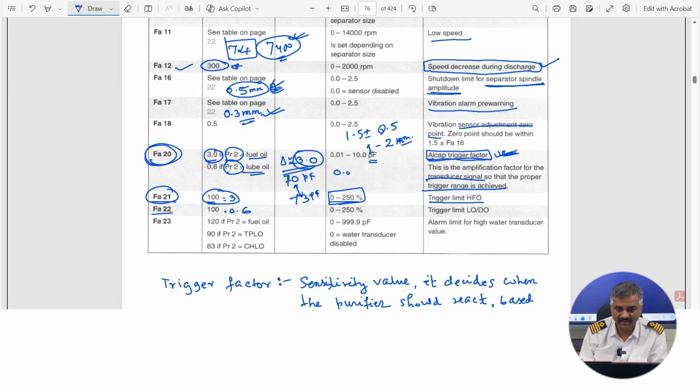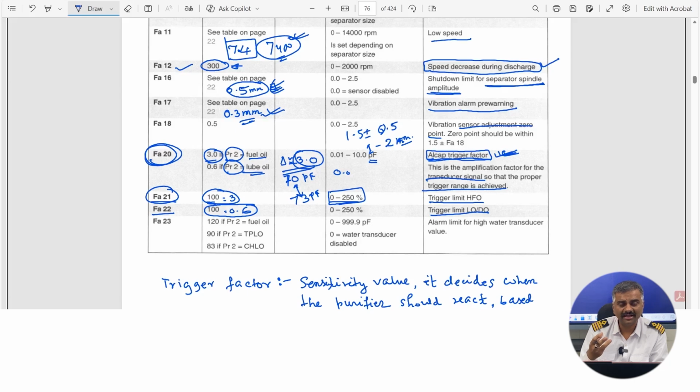Similarly FA22, the trigger limit: after this value the trigger factor is reached, and after this value the drain valve will open. Why is it 3 picofarad difference for the fuel oil purifier and 0.6 for the lube oil purifier? Because in the lube oil purifier there is very little chance of water coming in.